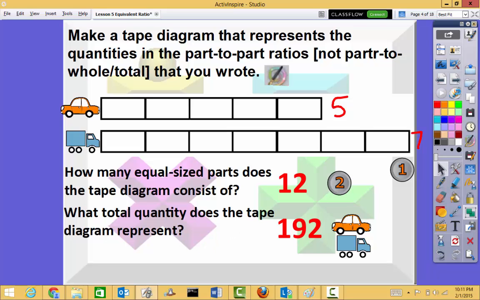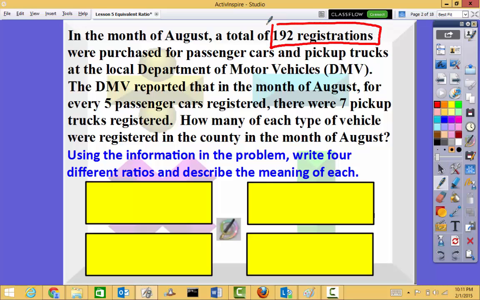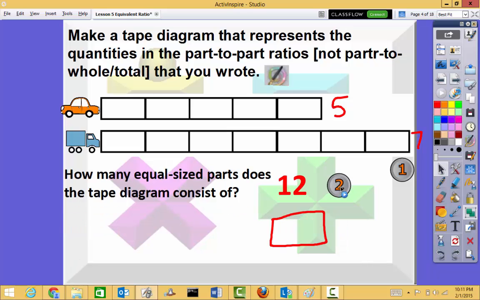Well, remember from that original problem, it's telling me that there were 192 total vehicles with a ratio of 7:5. So my whole entire tape diagram is going to equal 192. But what I need to know is how many cars there are and how many trucks.